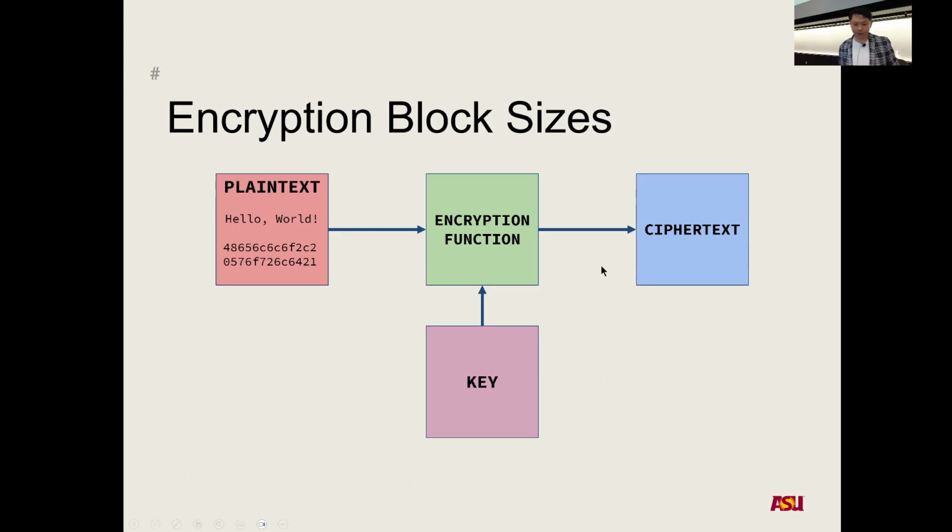For example, here we have plain text, hello world, and each ASCII character has a code value, right? But hello world will be just 13 bytes, right? In this case, you can make the output successfully.